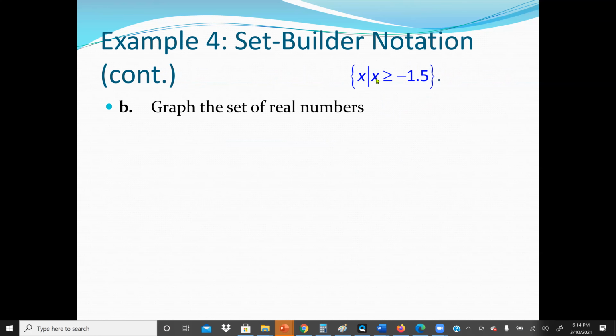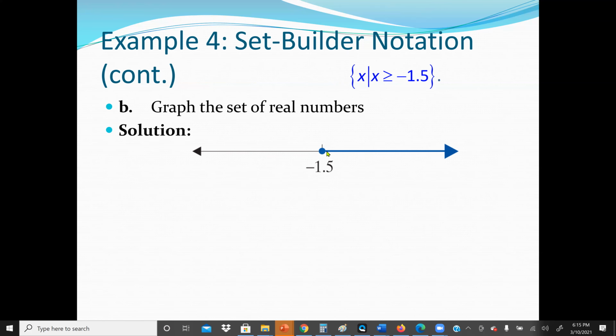Next, they say we should graph x greater than or equal to negative 1.5. So this is greater than or equal, and since we have the equal sign, it means negative 1.5 also is included. To graph this, we are going to use a circle with no hole. This no hole means including negative 1.5.